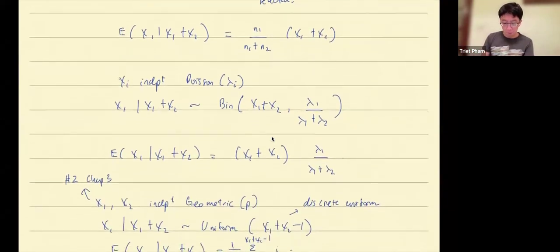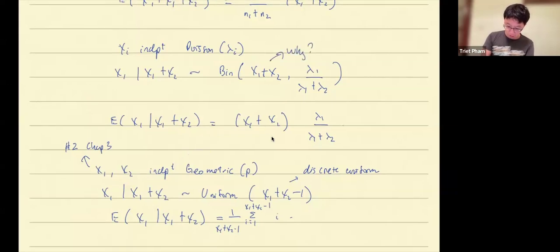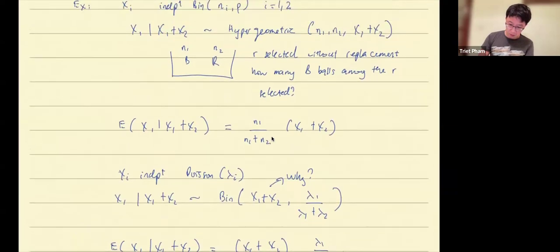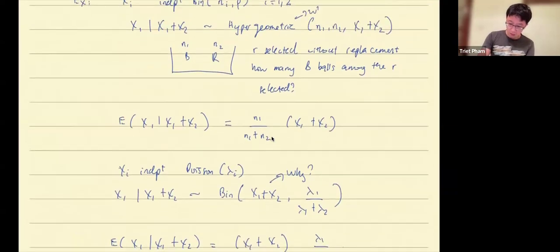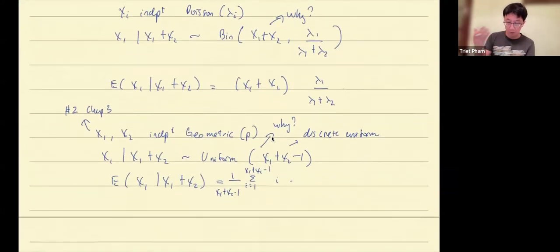And moreover, memorizing these results and understanding why, at least intuitively, will help you build the intuition that is going to be very much needed to do the problems in this chapter when you condition.